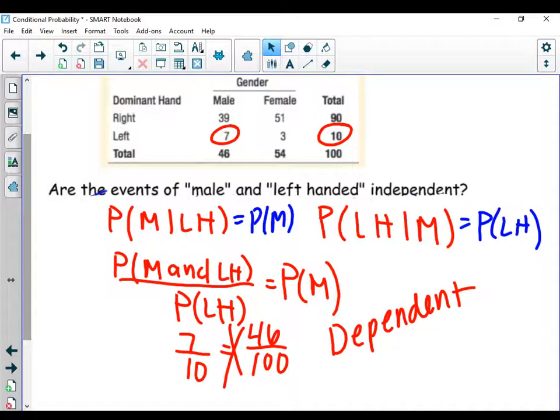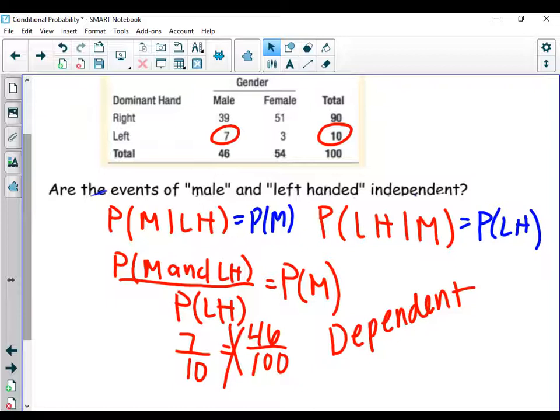It's kind of like when we did f of g of x and g of f of x. Remember how we had to do both to prove if they were inverses of each other? We got x in the end. This is how you will prove if they are independent events or not. And it'll definitely turn out in some cases.